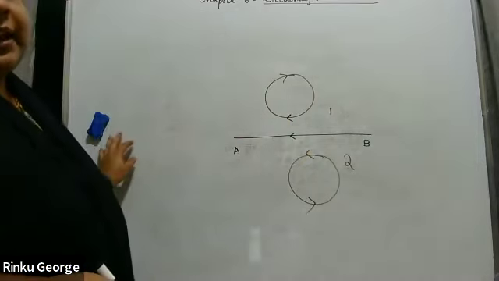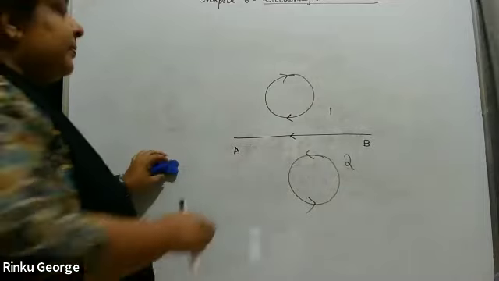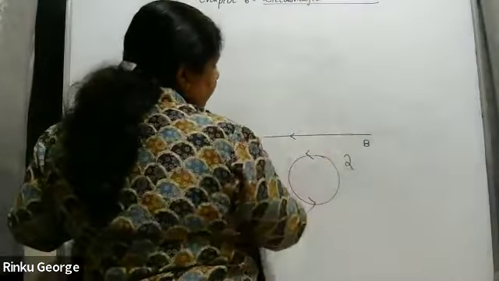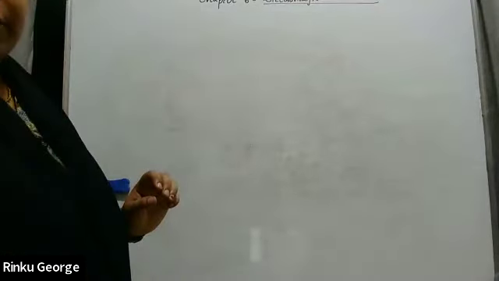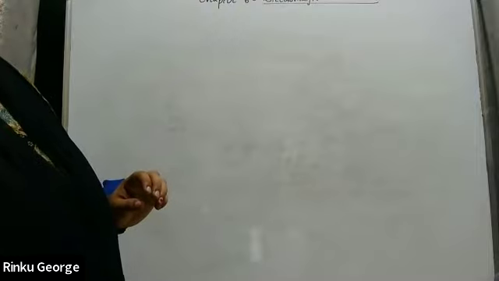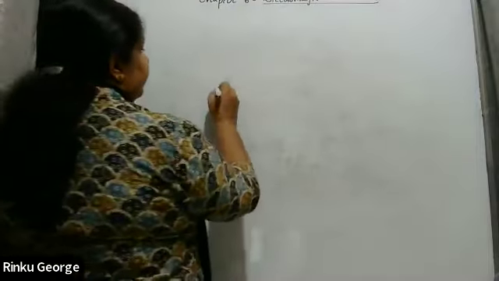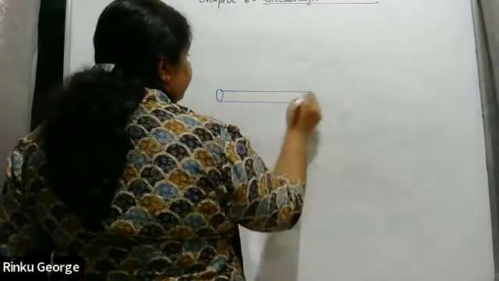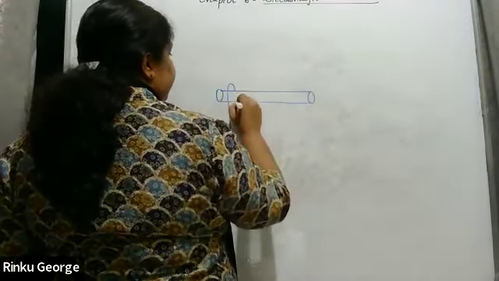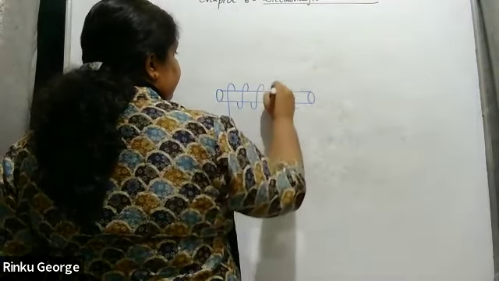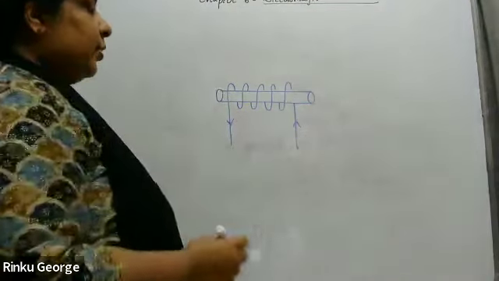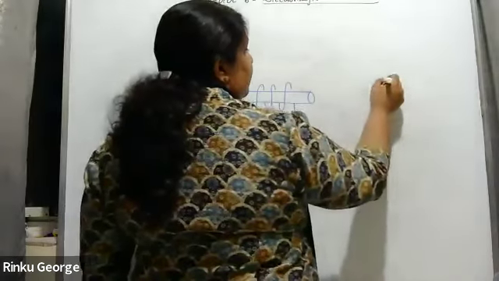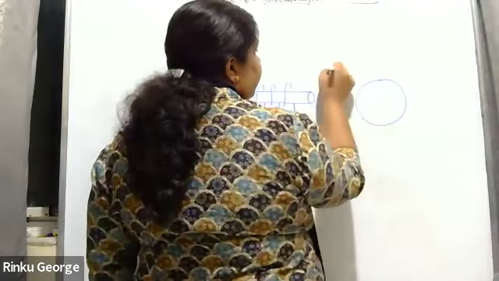Okay. Now, a current carrying solenoid is moved towards a conducting loop as shown.